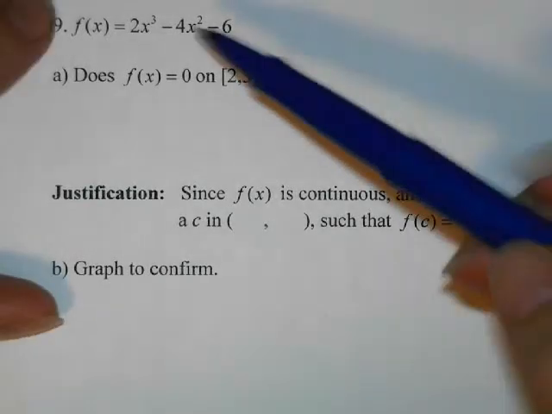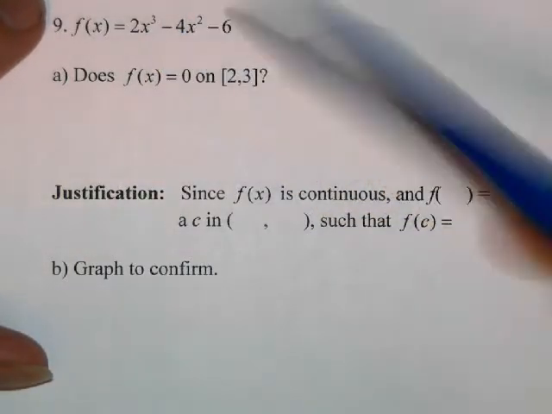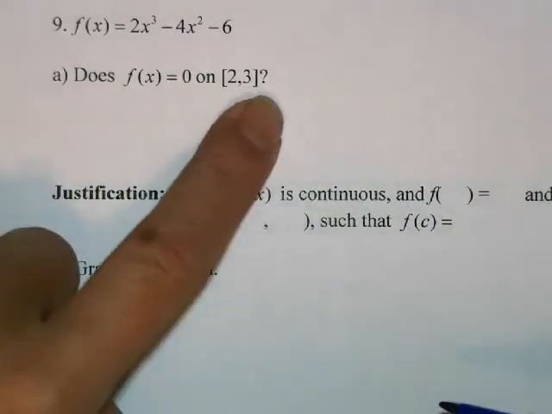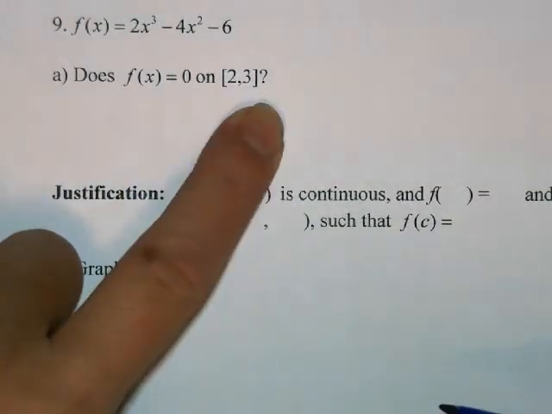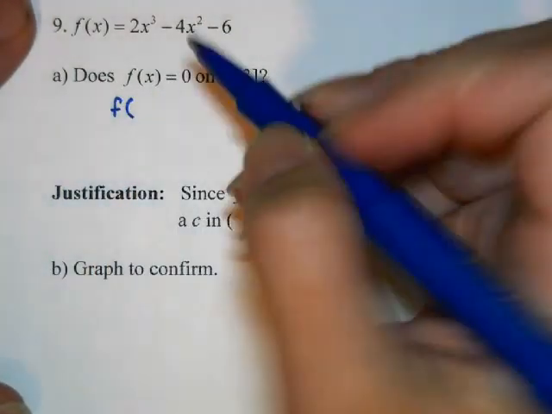So if f of x is 2x cubed minus 4x squared minus 6, does f of x equal 0 somewhere in between 2 and 3? What we're going to do is plug in 2 and plug in 3.